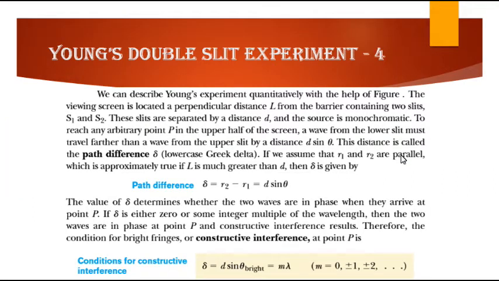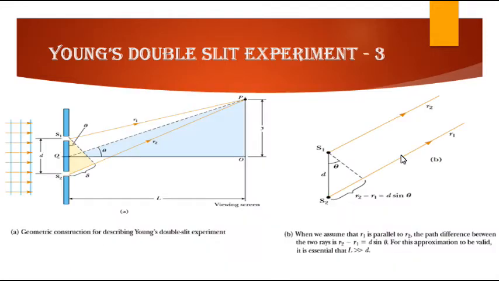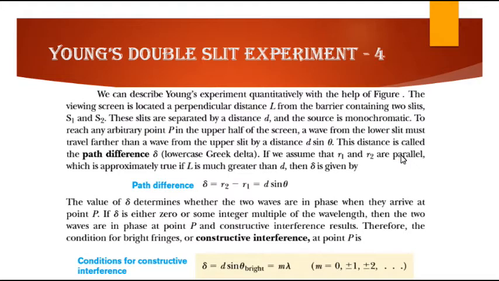We can describe Young's experiment quantitatively with the help of the figure which we have just seen. The viewing screen is located at a perpendicular distance L from the barrier containing two slits S1 and S2. These slits are separated by a distance d. The source is monochromatic.